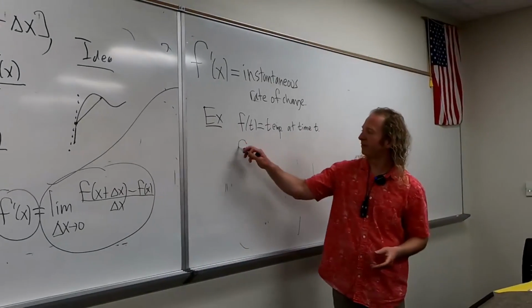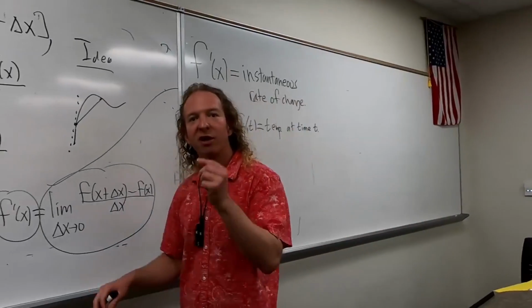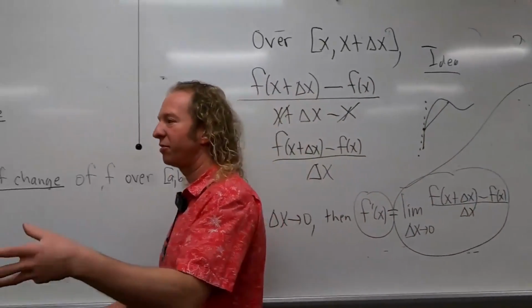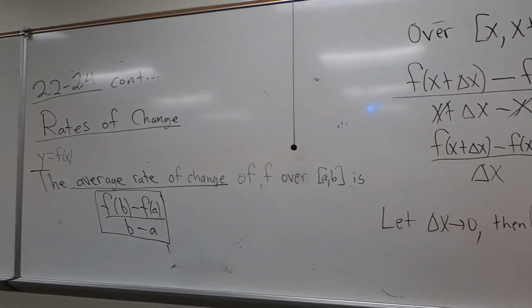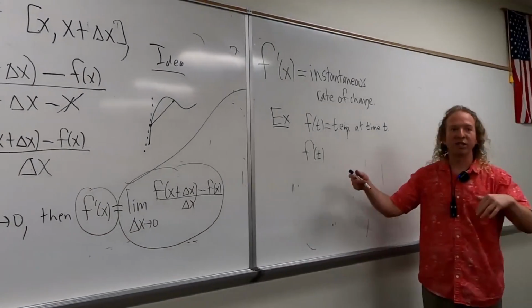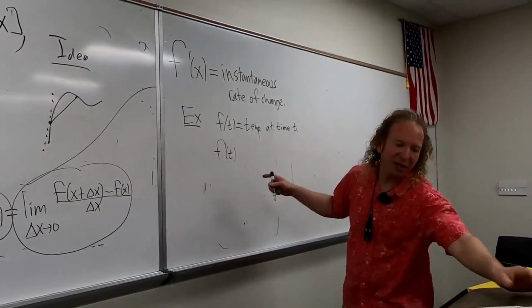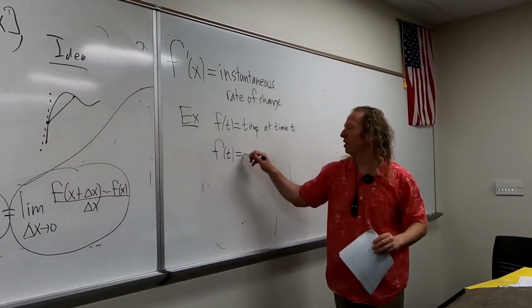So the derivative is the instantaneous rate of change of the temperature. It will tell you how fast the temperature is changing. If it's heating up, it'll be positive because the temperature is increasing. If it's cooling down, it's going to be negative because the temperature is decreasing. We'll talk about that later.